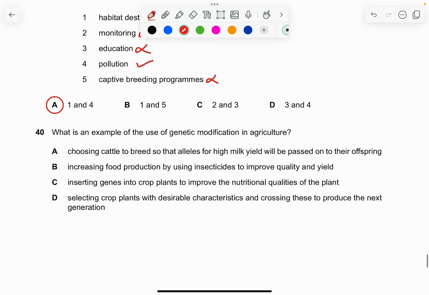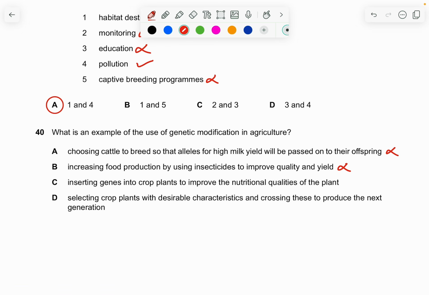Question 40, the last one. What is an example of the use of genetic modification in agriculture? So A, choosing the cattle to breed so that alleles for high milk yield will be passed to their offspring. This is wrong. This is actually artificial selection. Increasing food production by using insecticides to improve quality and yield. This is also wrong.